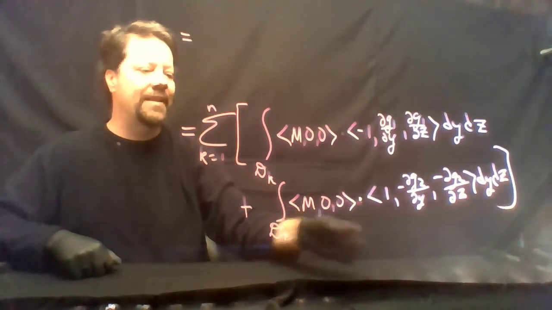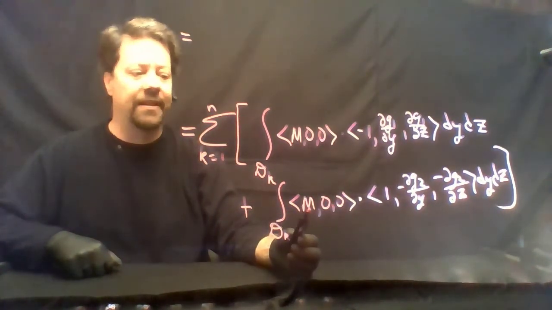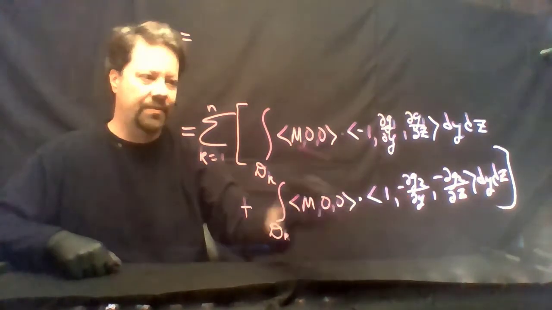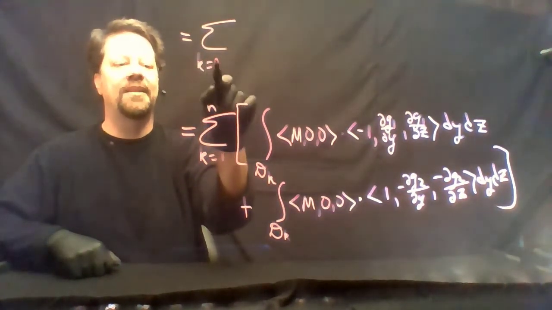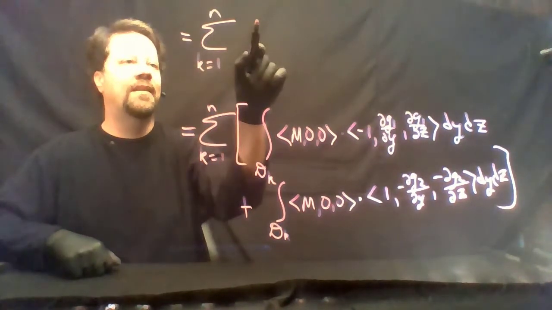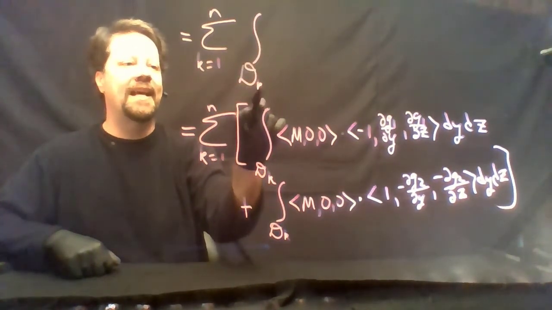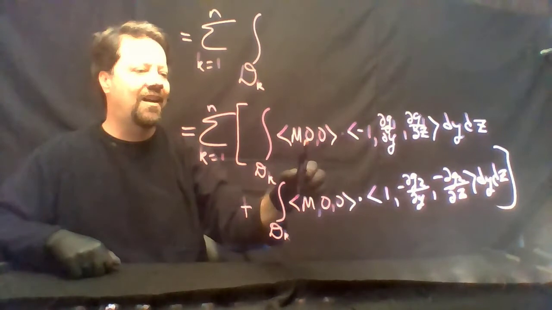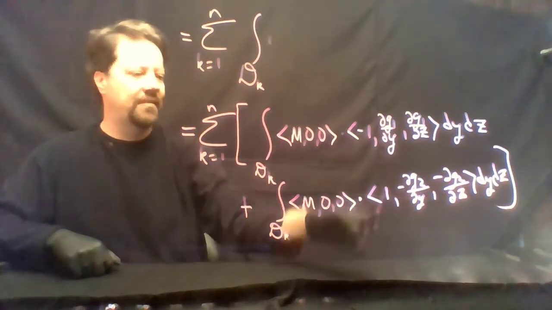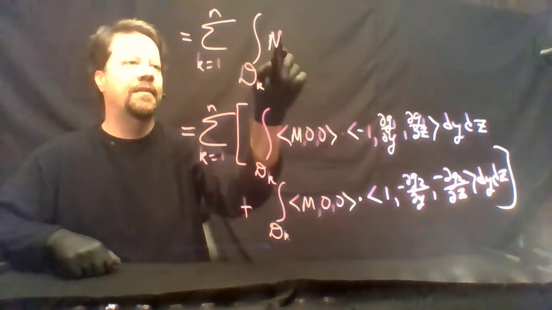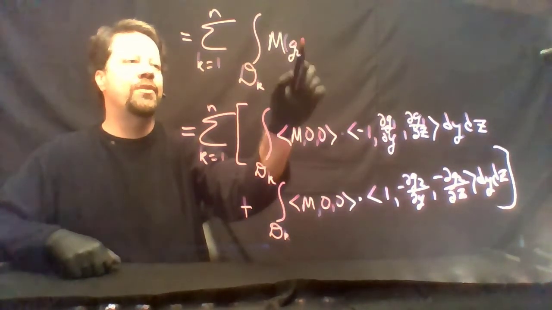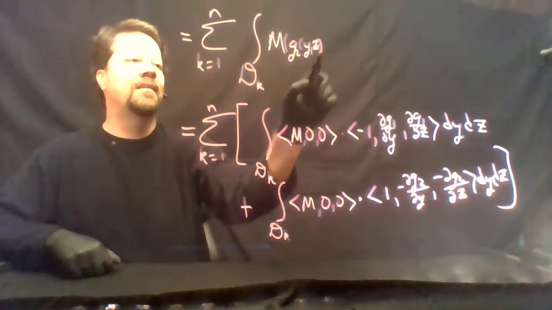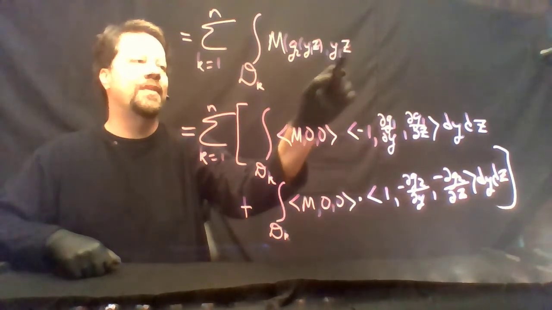When we evaluate these integrals, we have to evaluate the function M on its respective surfaces. So we'll have the sum as k goes from 1 to n of the integral on this Dk domain of M evaluated, we'll do this one first, evaluated on g2 of y, z, y, z.